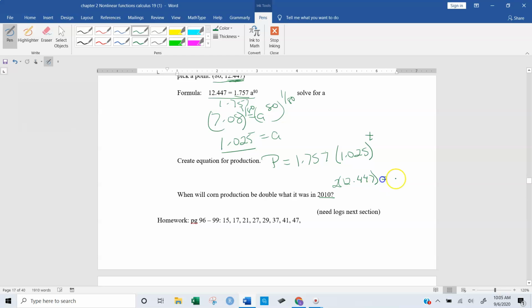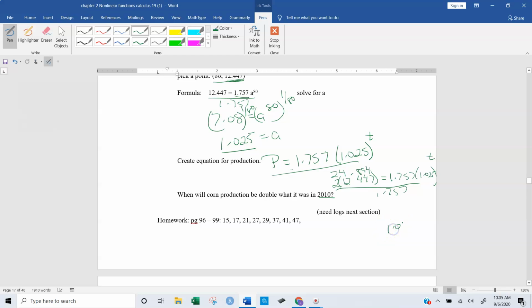I'm going to still have my same initial, 1.757. I'm plugging into this formula right here, times 1.025 to the t, because that's what I want to find. So I'm going to divide by 1.757. I should multiply this out first, which is 24.894. Divide that. I'm going to go down here.